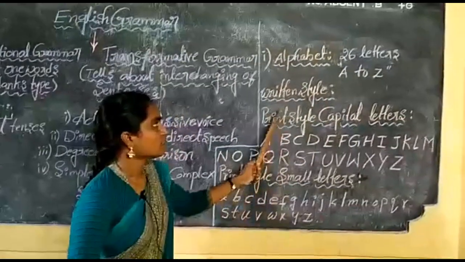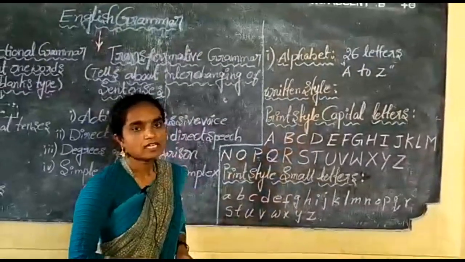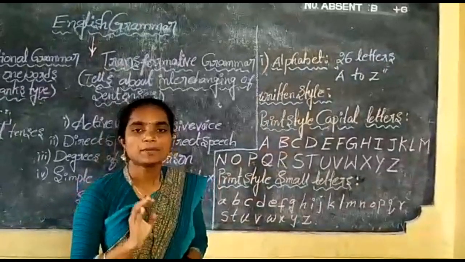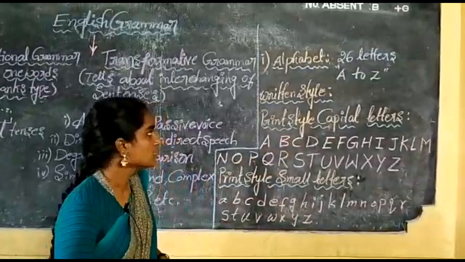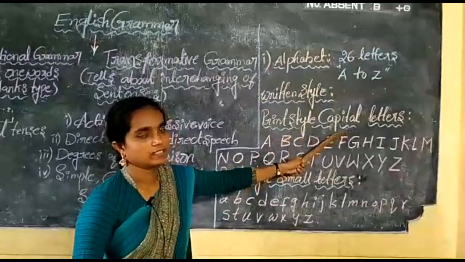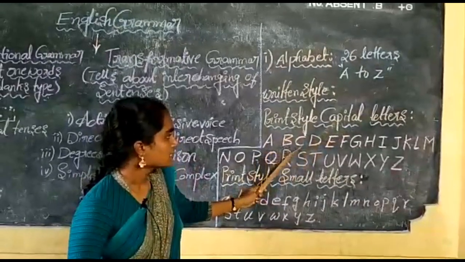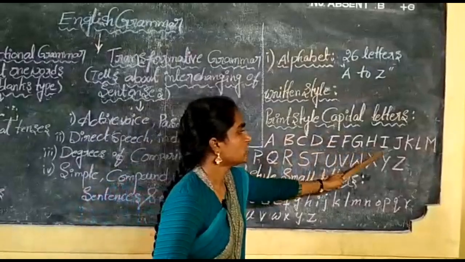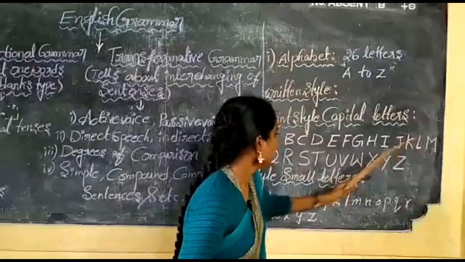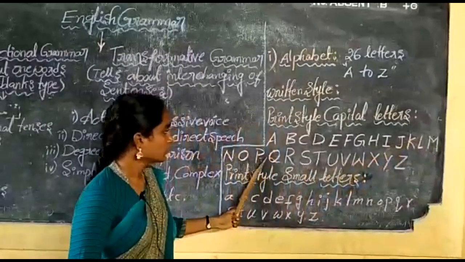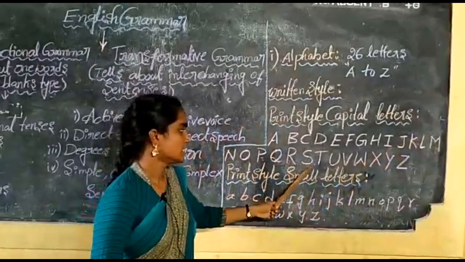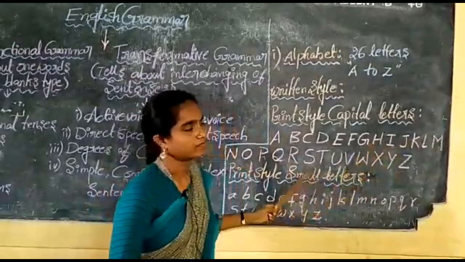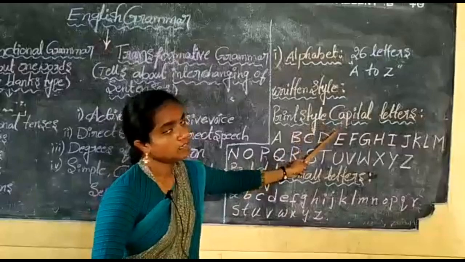And second one is written style. These letters are written in four types. First one is print style capital letters. See this: A, B, C, D, E, F, G, H, I, J, K, L, M, N, O, P, Q, R, S, T, U, V, W, X, Y, Z. This is print style capital letters.